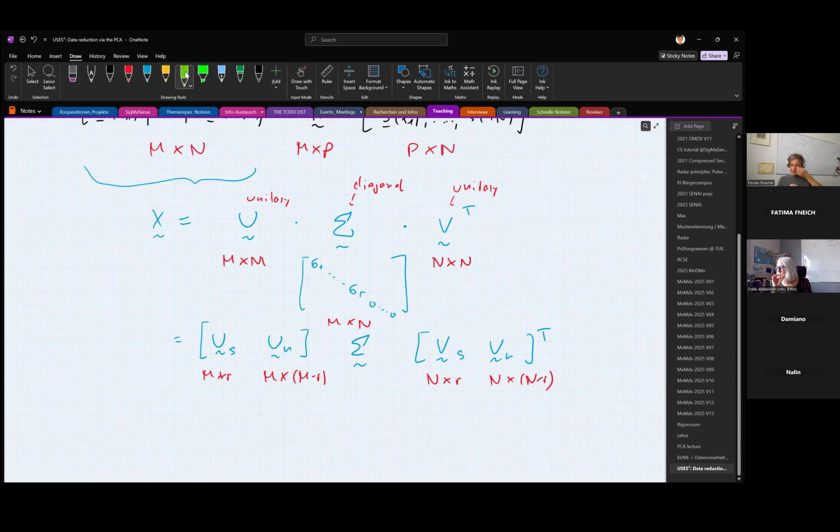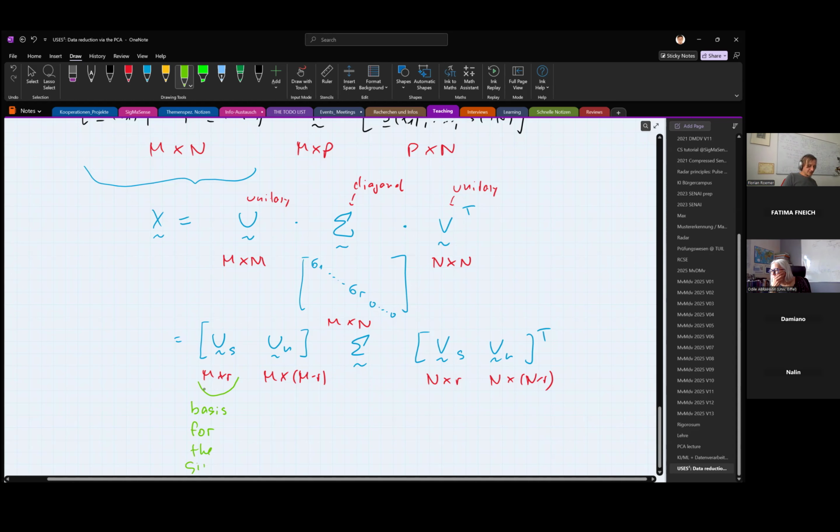We call it the column space, or the range of the matrix, or as I just said, the signal subspace. And a basis for this is found here. So this gives a basis for the signal subspace, which is in fact the one we're looking at.